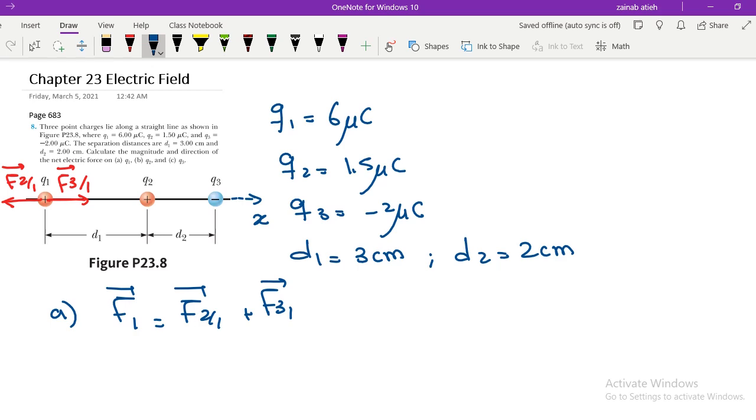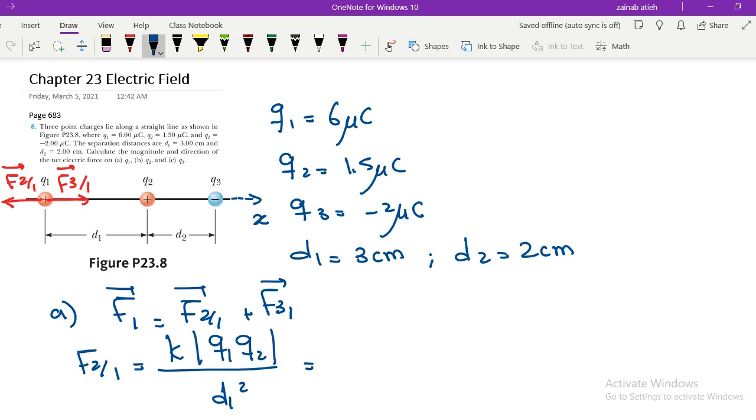I usually decompose this step of writing a force as a vector into two steps. First I find the magnitude of the force, then I write it as a vector. I usually solve like this. So first, let's find F2 on 1 as a magnitude. F2 on 1 is equal to K absolute Q1 Q2 over the distance between 1 and 2 squared. From the figure, the distance between 1 and 2 is D1, so I write D1 squared.